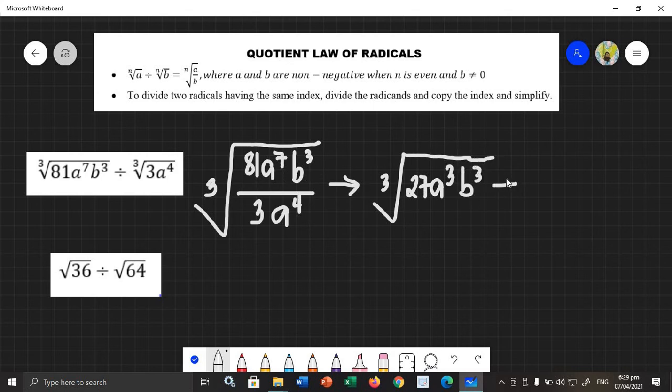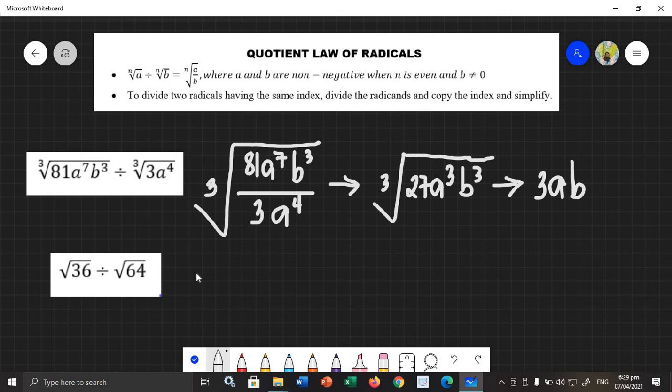This radical can still be simplified. No? We can get the cube root of 27, and that is equal to 3. Cube root of a cube is a. The cube root of b cube is b. And that is the answer.